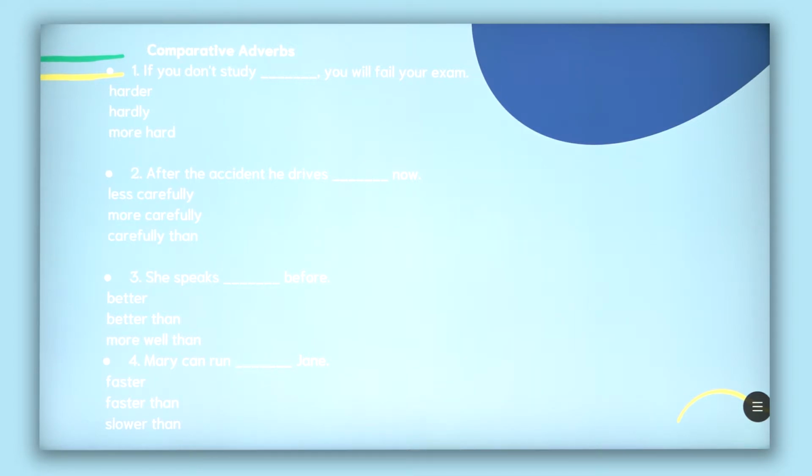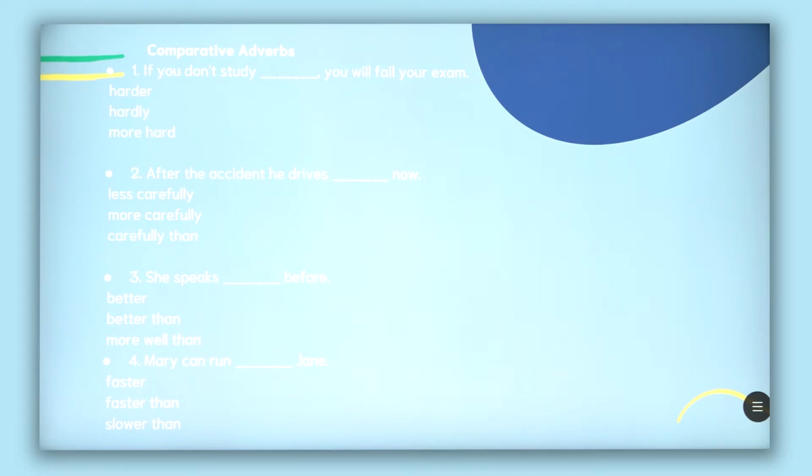Hardly and more hard are incorrect. The second one: after the accident, he drives more carefully now. According to the context, more carefully is the appropriate adverb for the sentence.